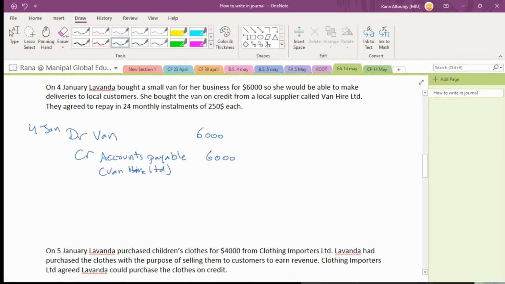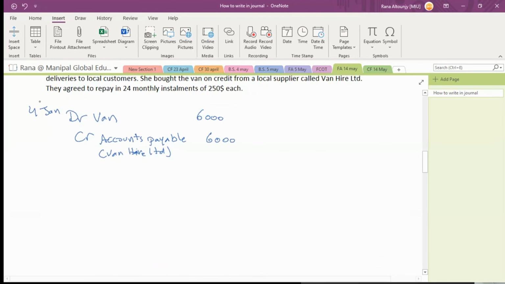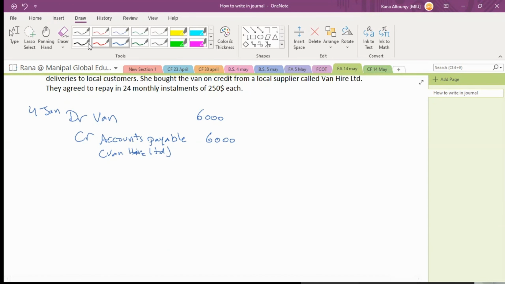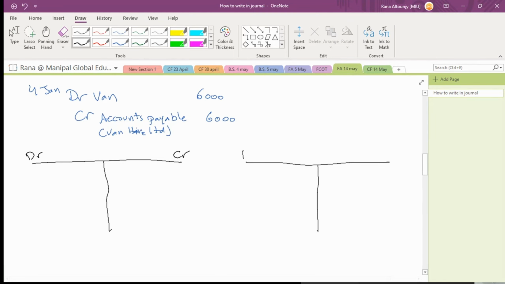So let's now transfer this transaction to the ledger. Let me just give a little bit more space, so like this we'll be able to draw easier. So you know that here we have two accounts, so we need to open two T accounts. First, as you know, the left side is for debit, the right side is for the credit.